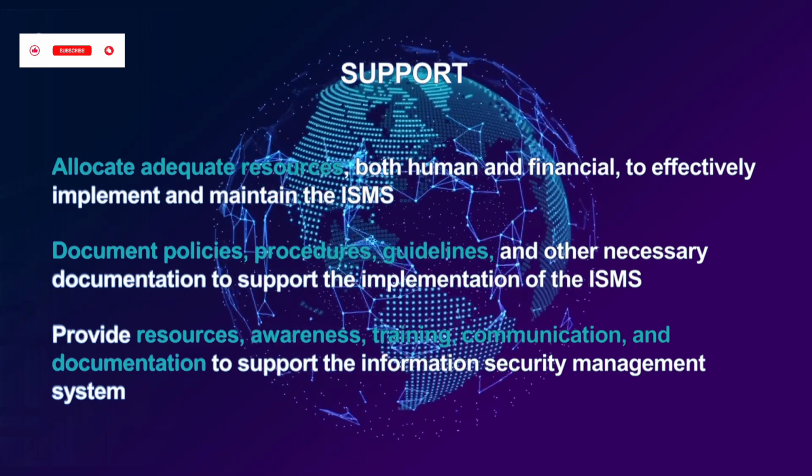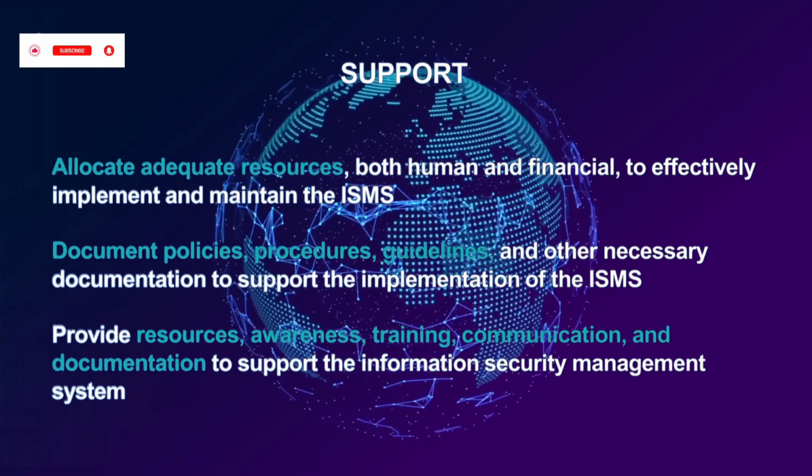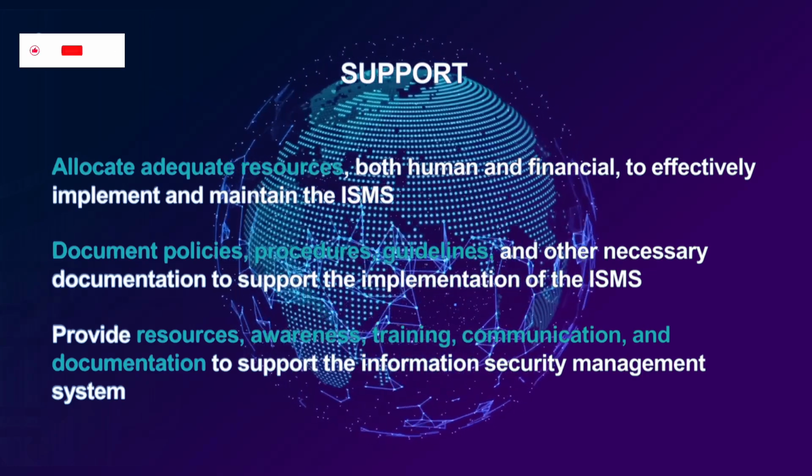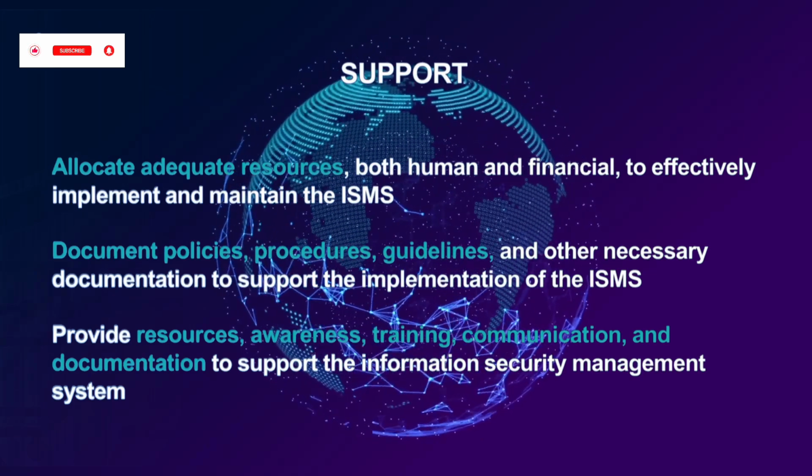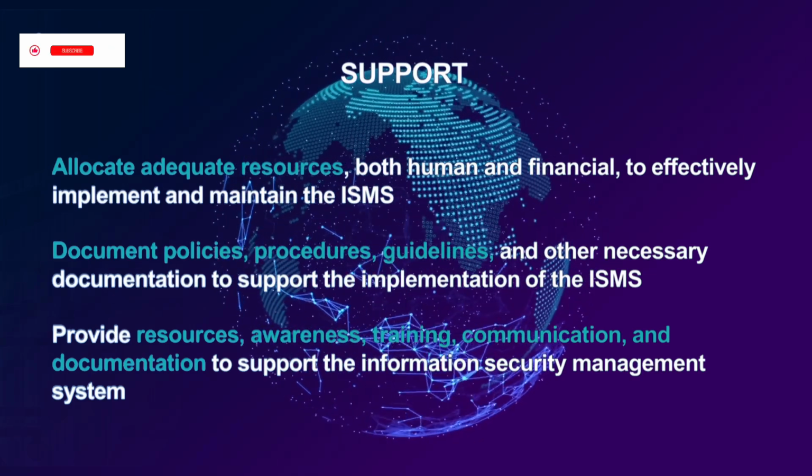Does that make sense? So this is a very big step. While it doesn't seem like much, it's a very big step here, and that's going to move on to operation.